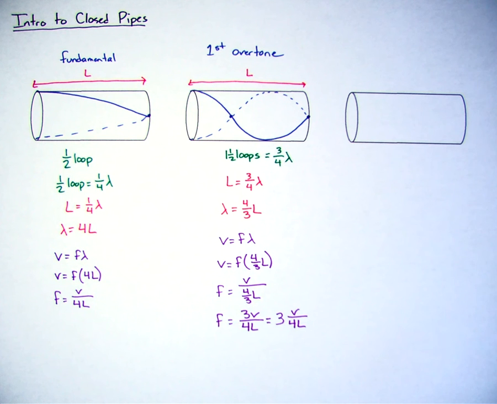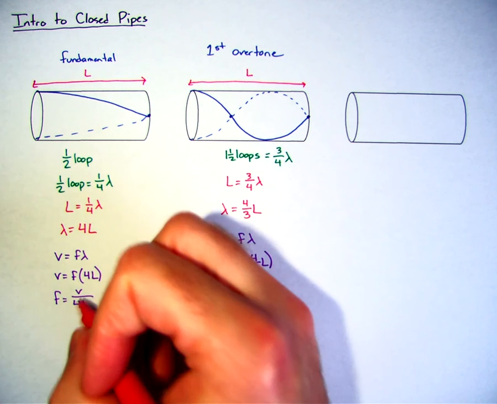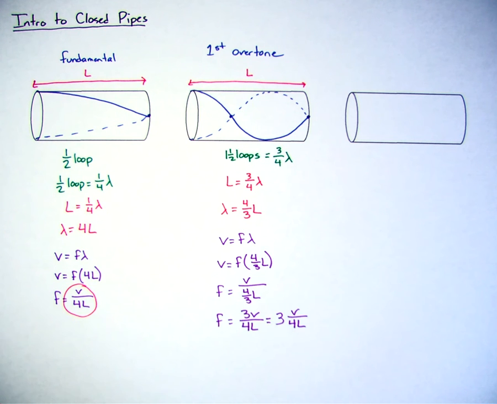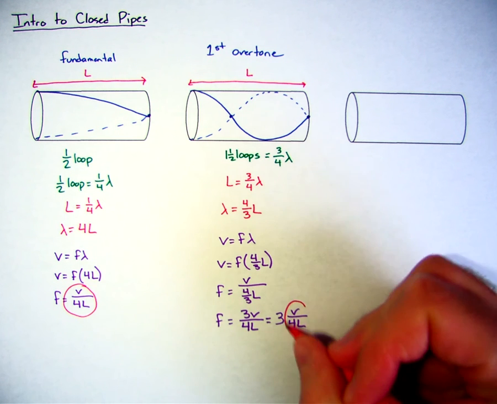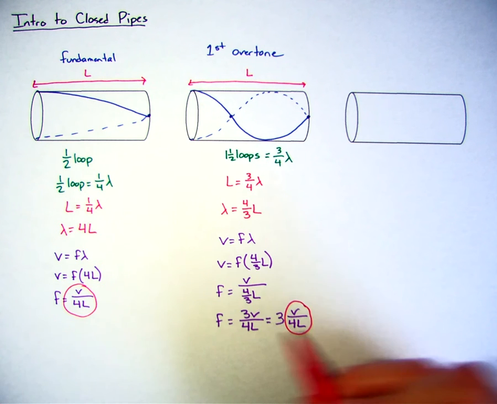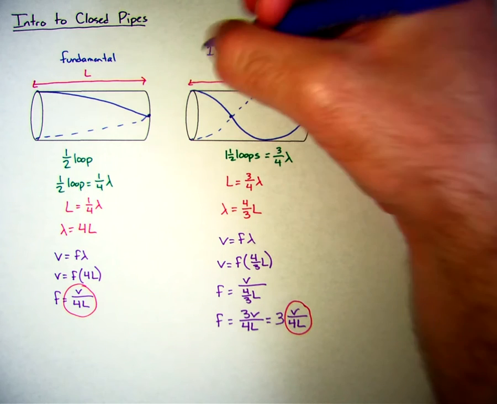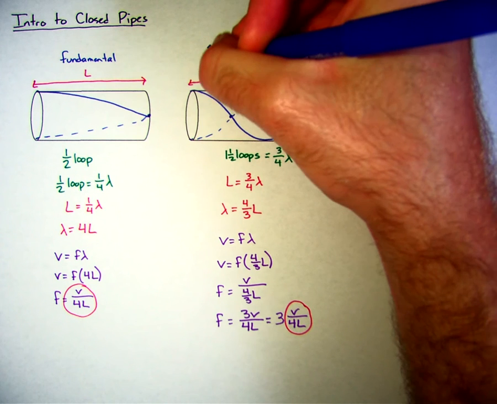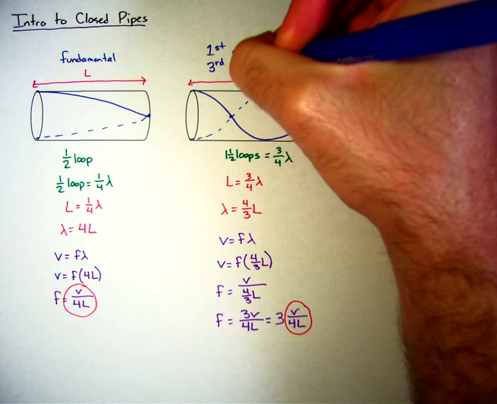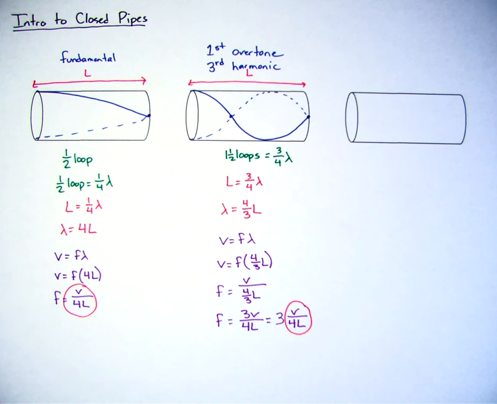The reason why that's important is because I want you to see that if this fundamental frequency is V over 4L, then the frequency of this first overtone is not going to be 2 times the fundamental, it's actually 3 times the fundamental. So this is not your second harmonic, this is your third harmonic. So your third harmonic is your first overtone in your closed pipe.